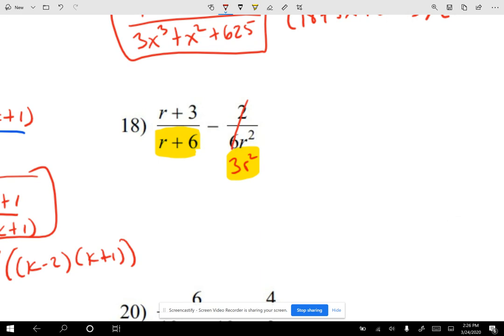So my least common denominator, I should have the r plus 6 from the first fraction, and I should have the 3r squared from the second fraction. Also, I noticed that I have a minus in between my fractions. So I'm going to change that to a plus, and I put a negative sign on the top. I'm just going to call that a negative 1.